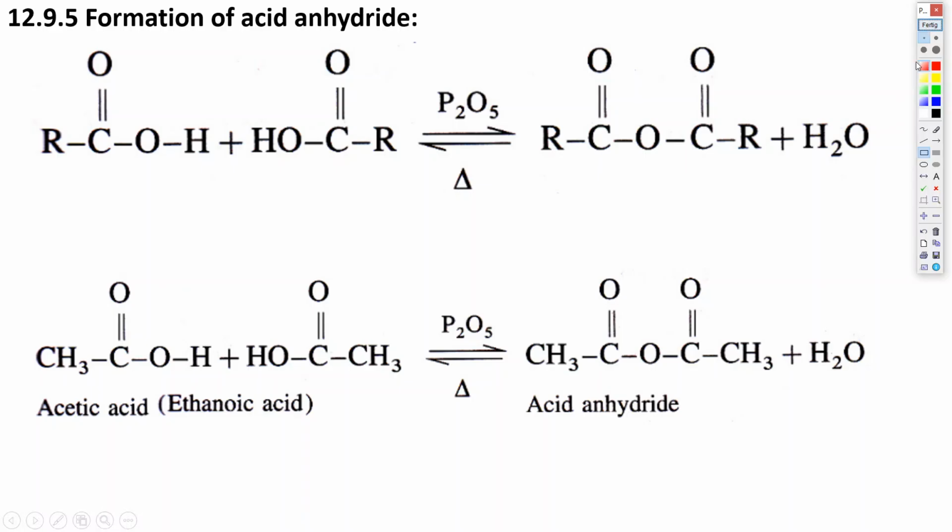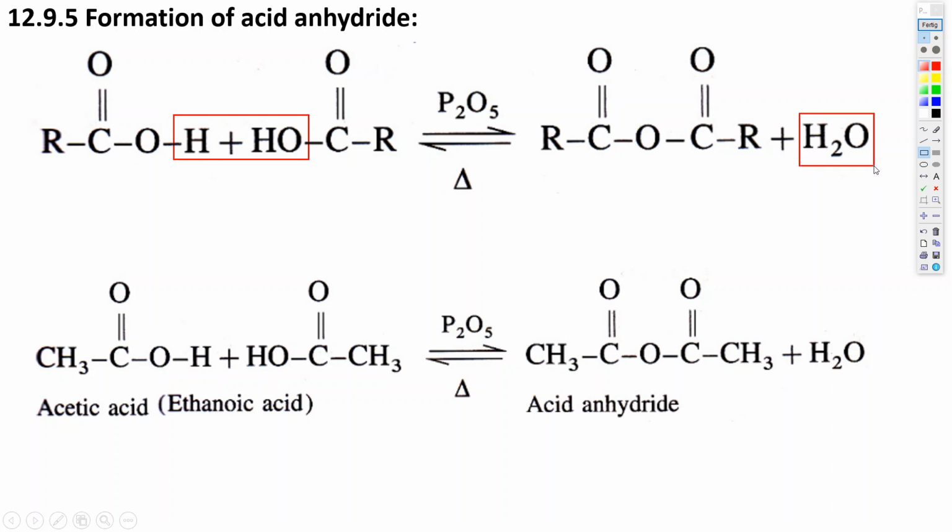So how does this reaction take place? This carboxylic acid RC=O OH and another molecule RC=O OH, you have to remove a water molecule. How will the water molecule be removed? From the first carboxylic acid, one hydrogen atom, and from the second carboxylic acid, one OH group. You can highlight this part in your notes. So this H and OH will form an H2O molecule.